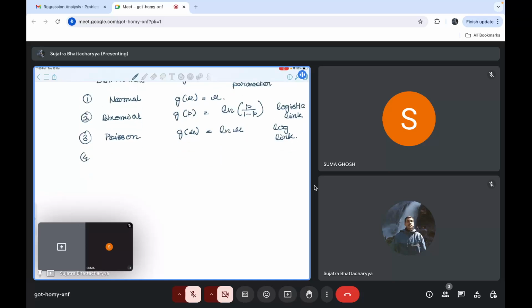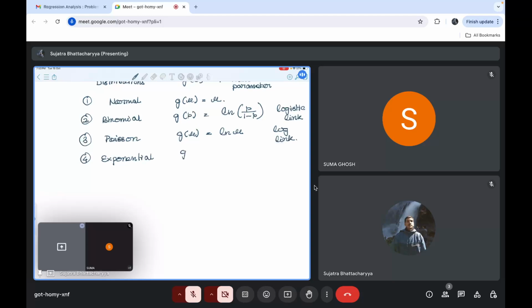Next is the exponential distribution, where g of mu is 1 upon mu. This is called reciprocal.